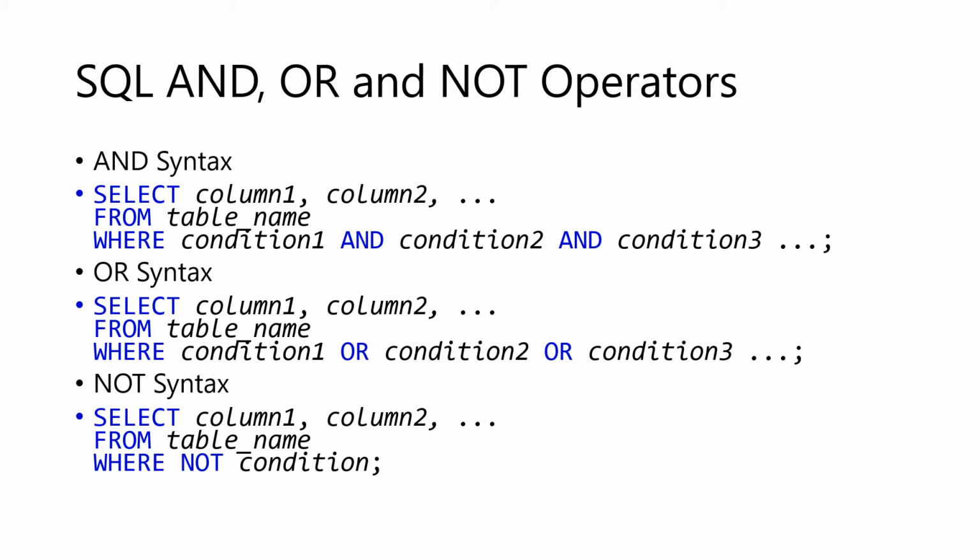The AND operator returns a record if both left and right conditions are met. And the NOT operator is just a negation operator which changes true to false and false to true. We will look at all these operators in detail after this slide.